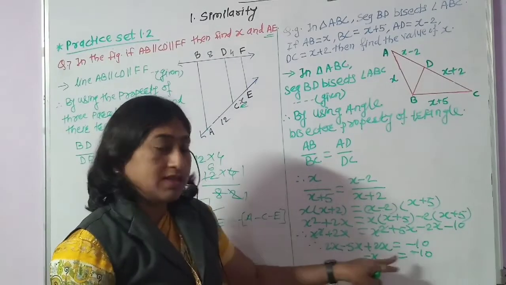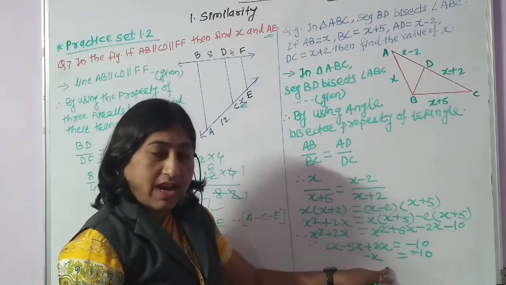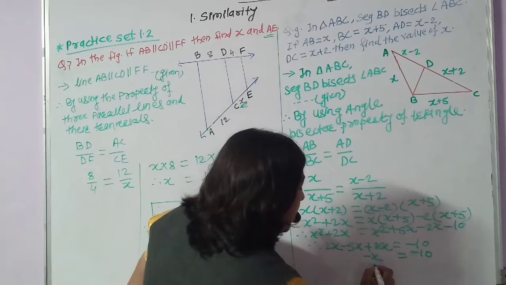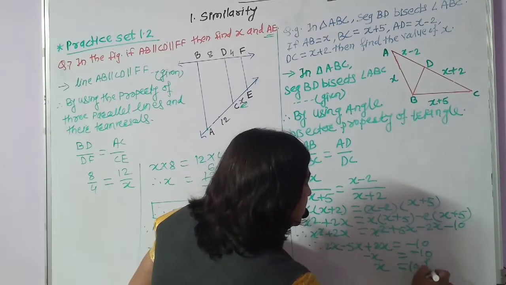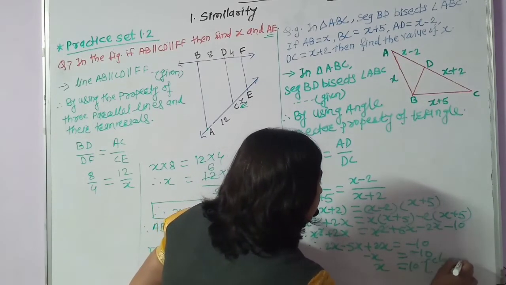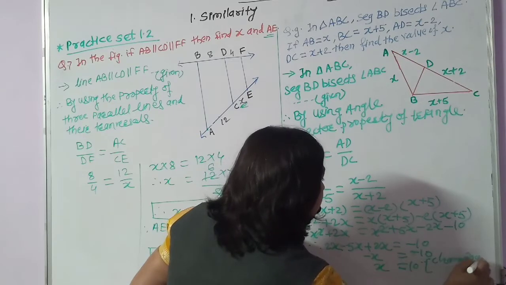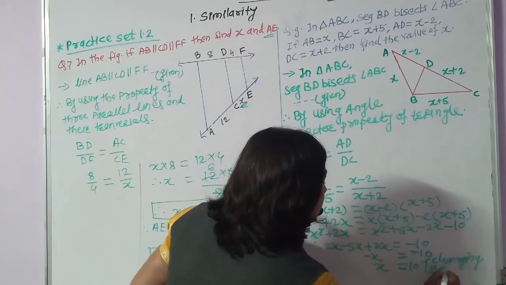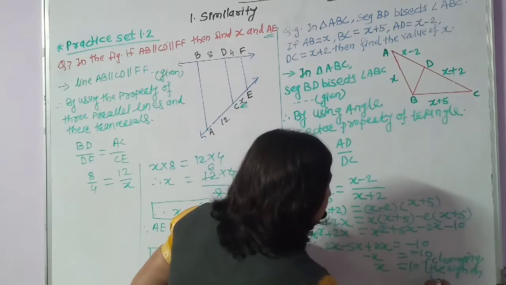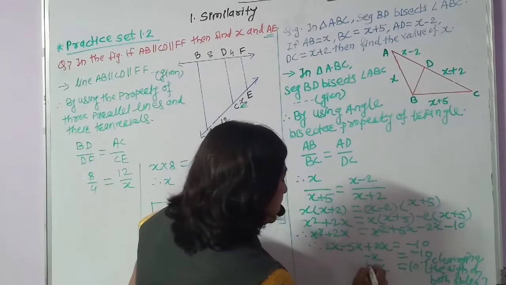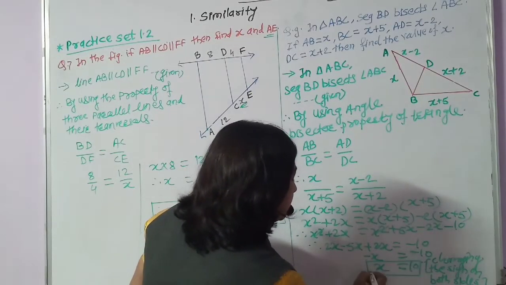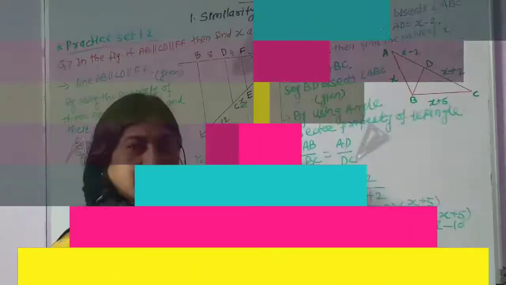If we change the sign on both sides, we get x equal to 10. Right, here the reason is changing the sign on both sides, we get the value of x equal to 10. This is our correct answer.